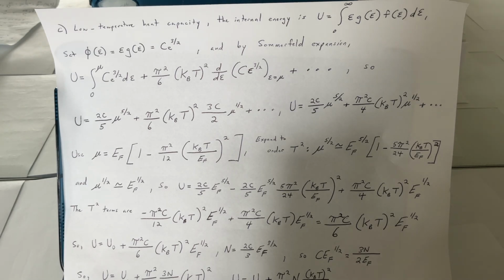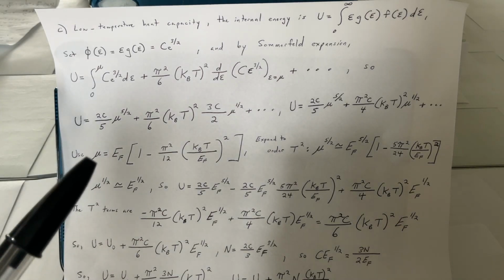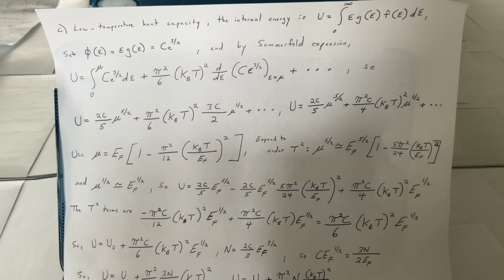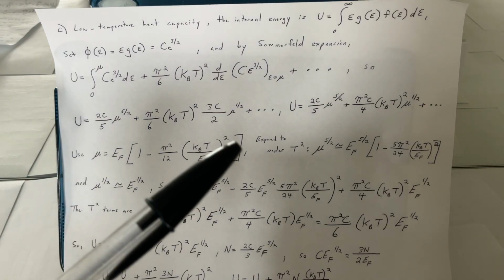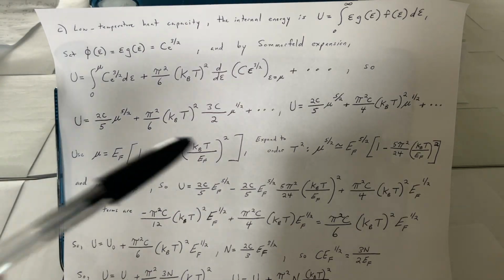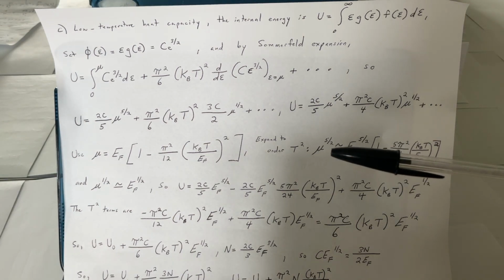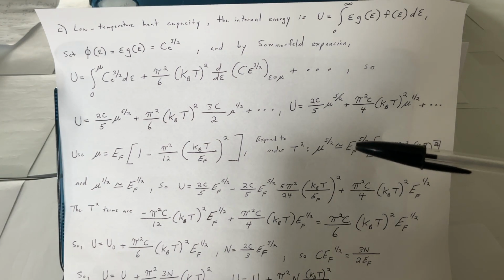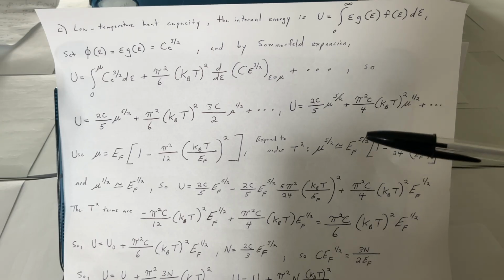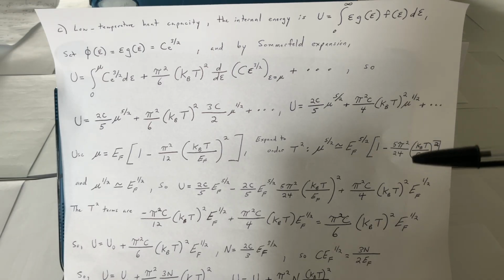We're going to use mu equals E_F times the bracket 1 minus pi squared over 12 times (k_B T over E_F) squared. We're going to expand to order T squared, where mu to the 5/2 is approximately E_F^(5/2) times 1 minus 5 pi squared over 24 times (k_B T over E_F) squared.